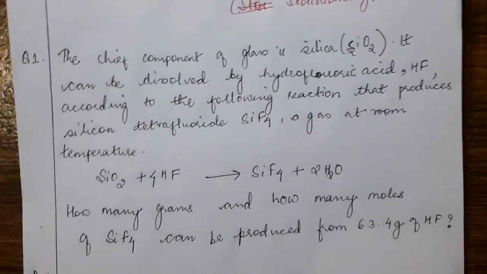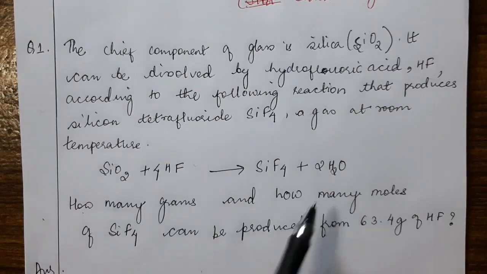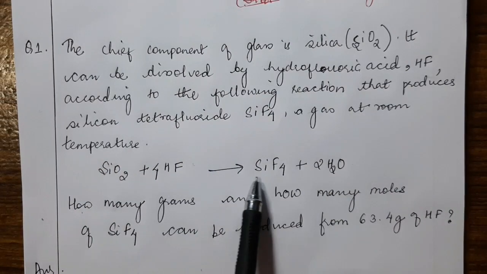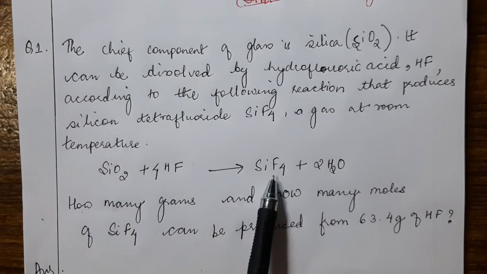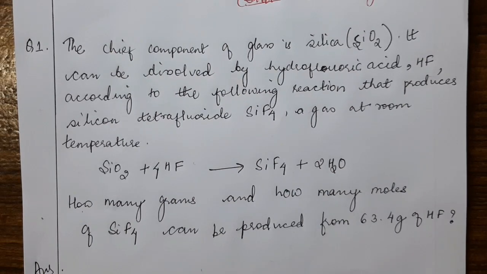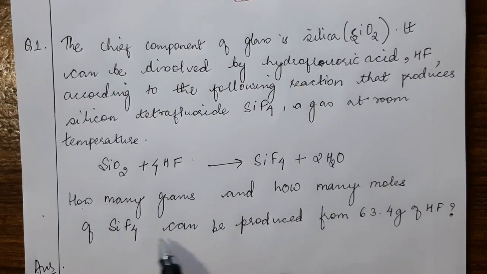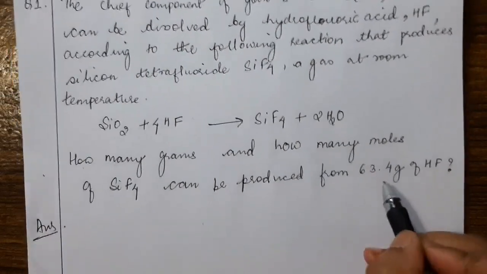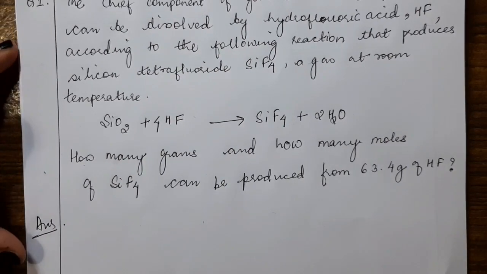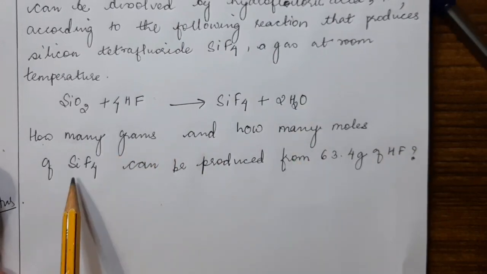You are given the chemical equation, and it is also balanced: SiO2 plus 4HF produces SiF4 and water. Now the question is, how many grams and how many moles of SiF4 can be produced from 63.4 grams of HF?